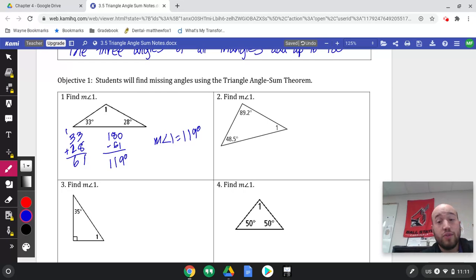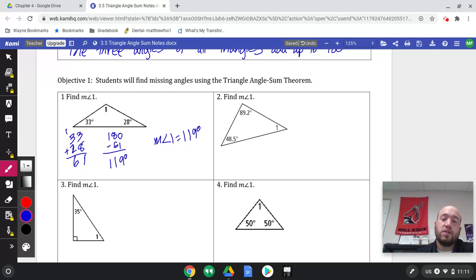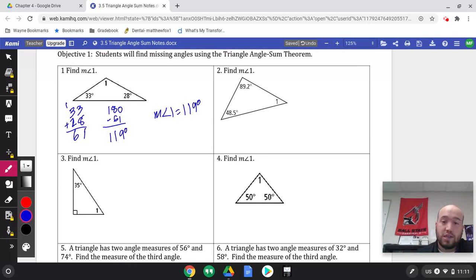Now example 2 here. It's the same approach, except the difference now is there are some decimals. That's fine. Decimals are a part of life. Sometimes we're going to have them. So 89.2 plus 48.5, we can add those two together, and 137.7 is our result.